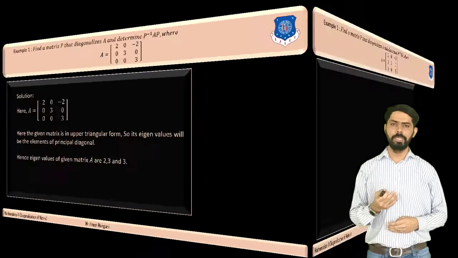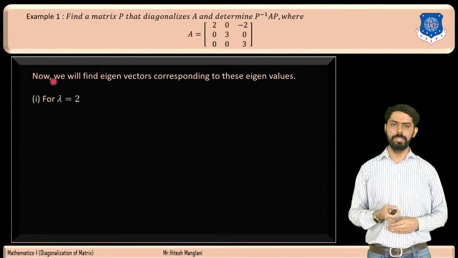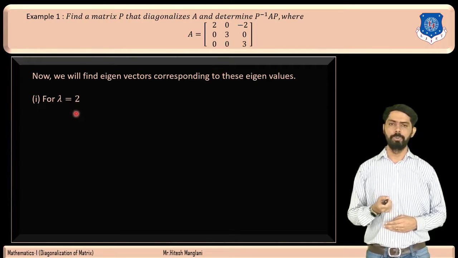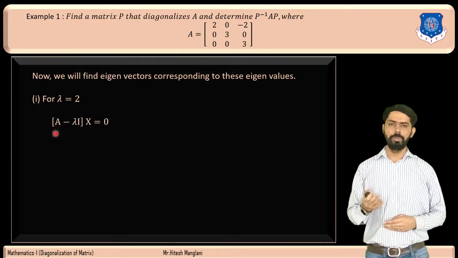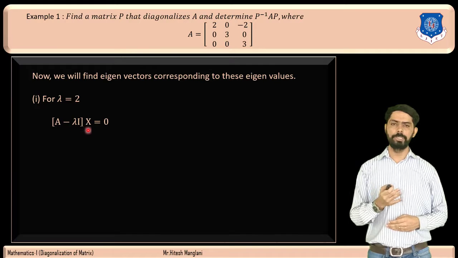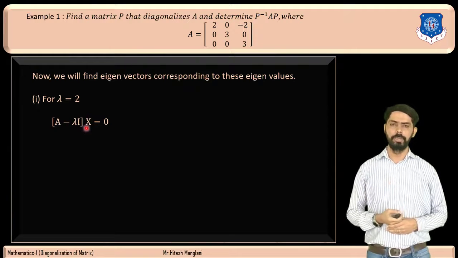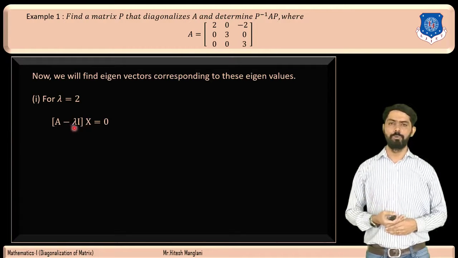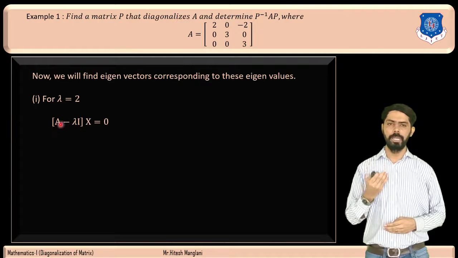Now we will find eigenvectors corresponding to these eigenvalues. First we will find the eigenvector for lambda equal to 2. According to the definition of eigenvector, A minus lambda I into capital X is equal to 0, where capital X is called the eigenvector. We will find A minus lambda I by subtracting lambda from the principal diagonal elements.